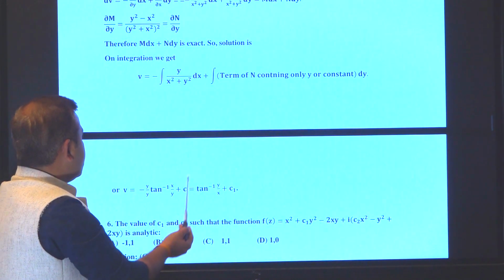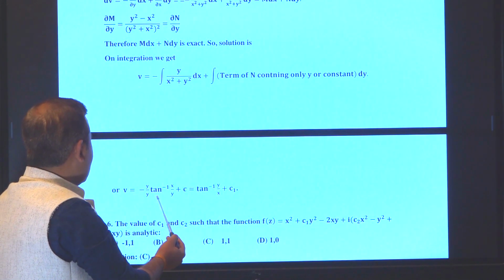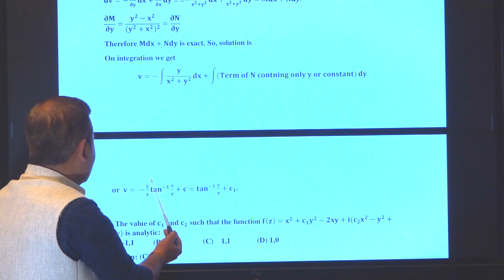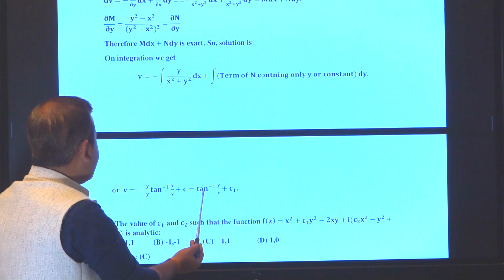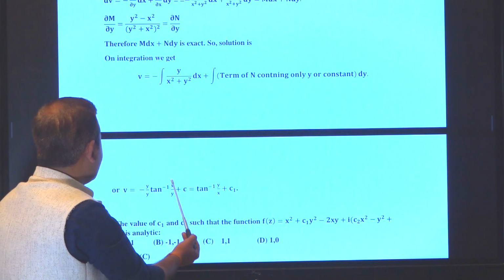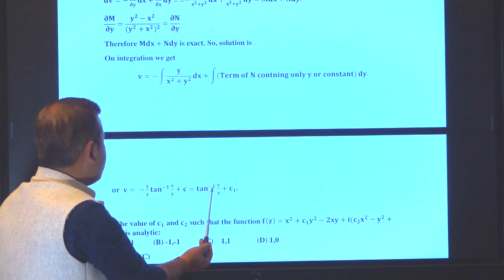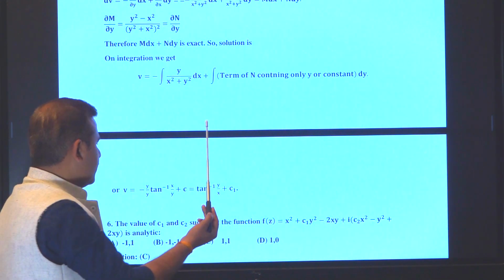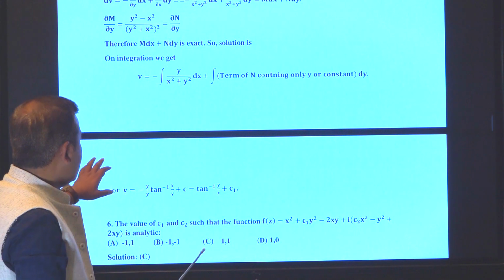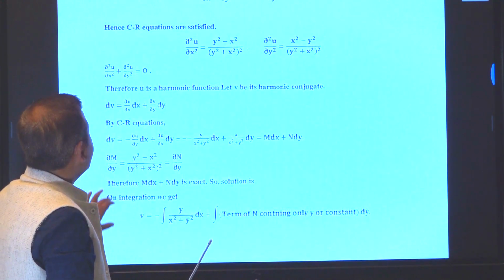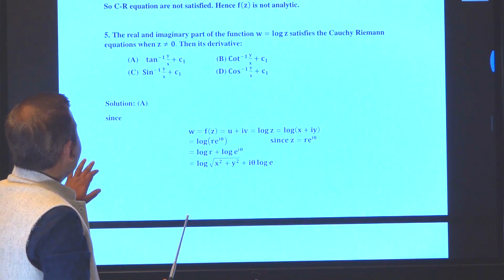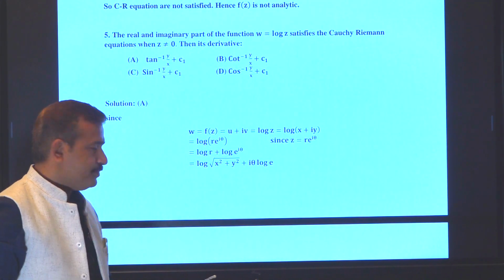So after integration, y cancels, and it becomes −tan inverse (y/x) plus c1. This is the solution. That's why option A is the correct answer.